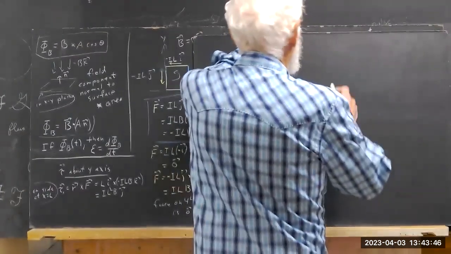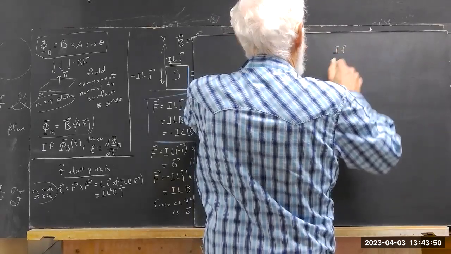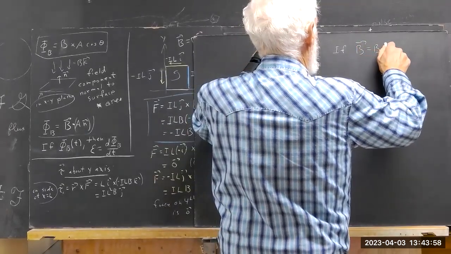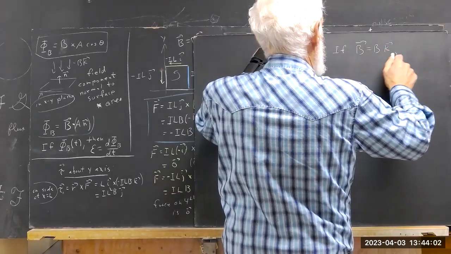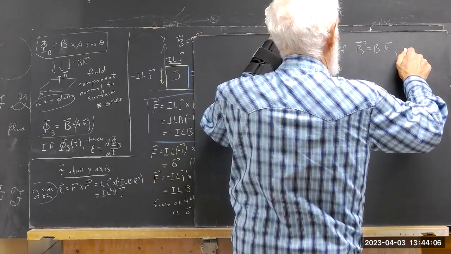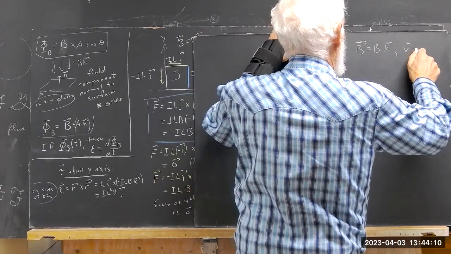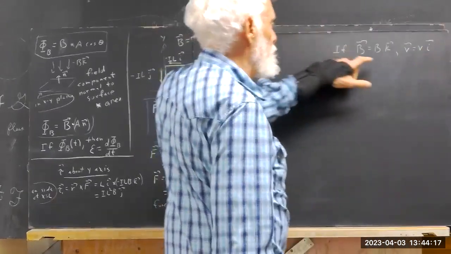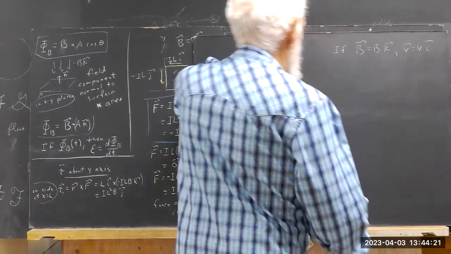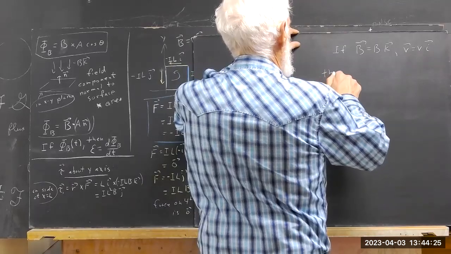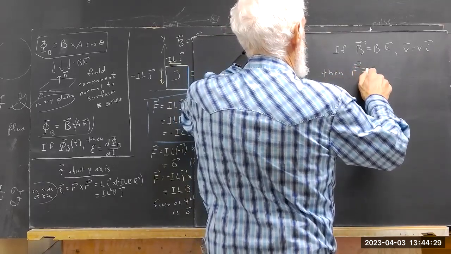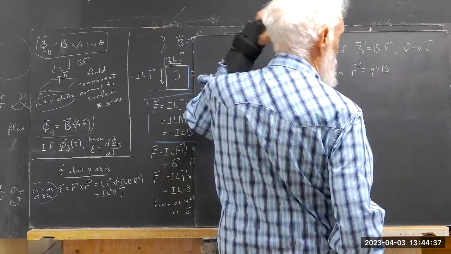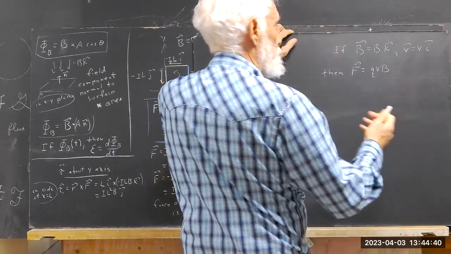So okay, so assume that your magnetic field is B K, V equals V I. F would be QVB, and I cross K is negative J, right?